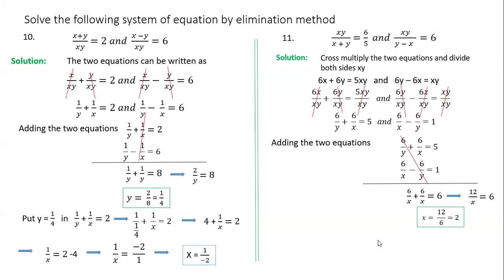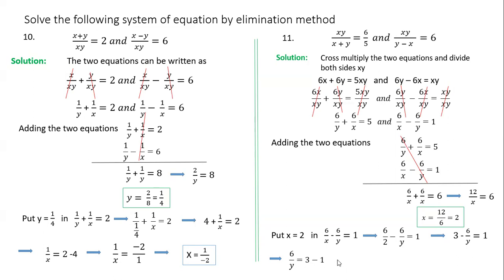Put x is equal to 2 in 6 upon x minus 6 upon y is equal to 1. Now 6 upon 2 minus 6 upon y is equal to 1. So it becomes 3 minus 6 upon y is equal to 1. Take this one negative this side and bring 1 this side. 3 minus 1 is equal to 6 upon y.